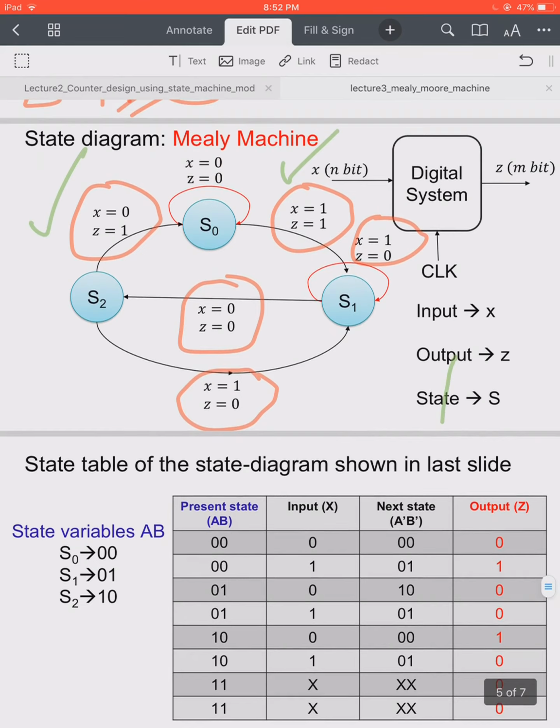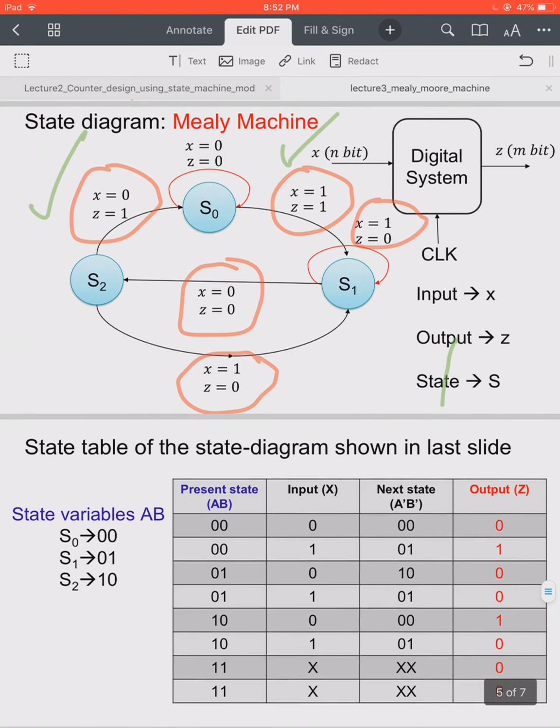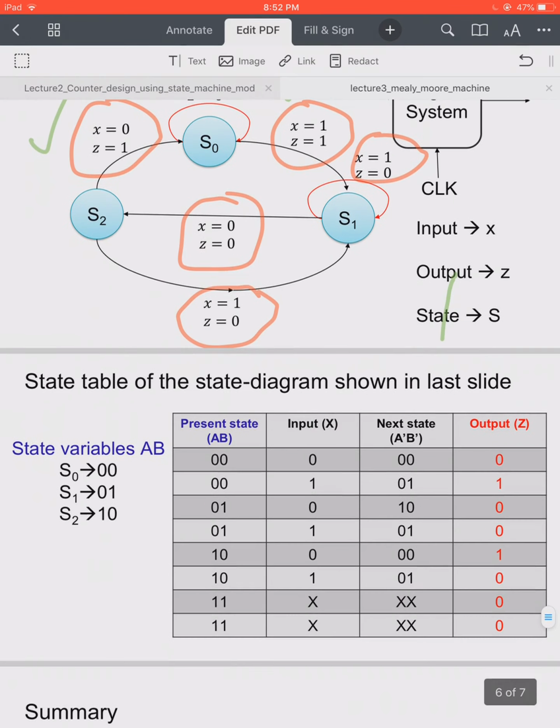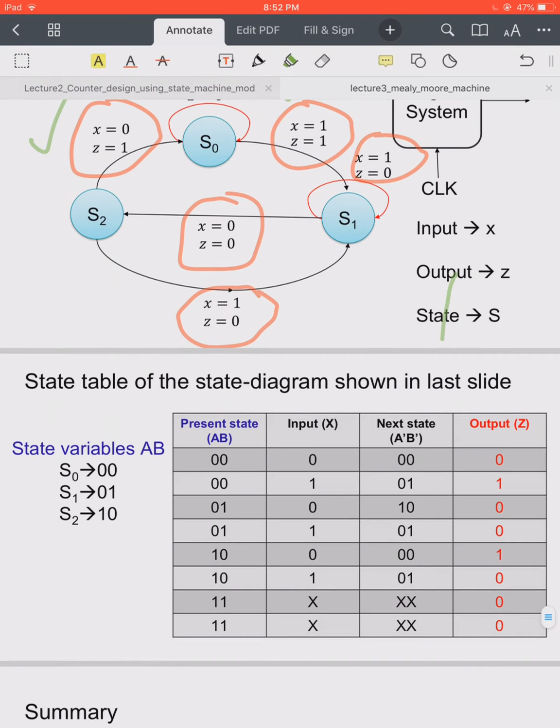This state diagram can be translated into a state table this way.